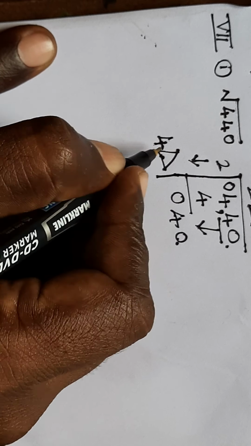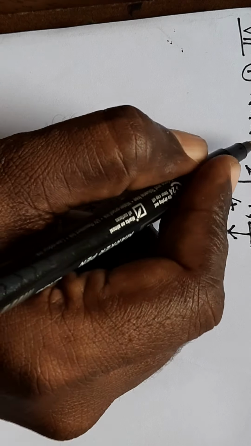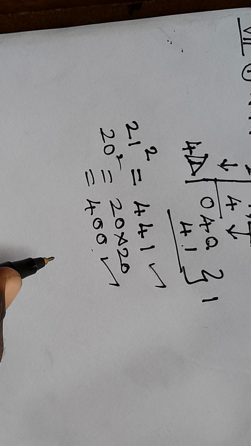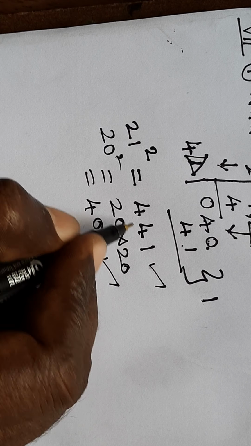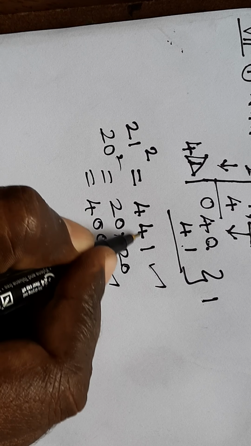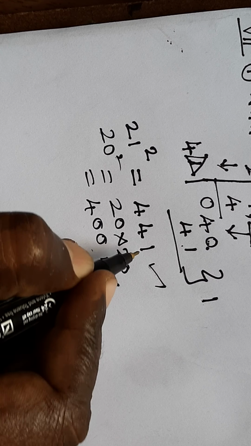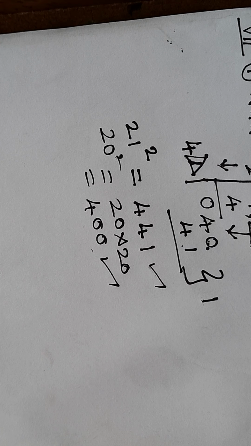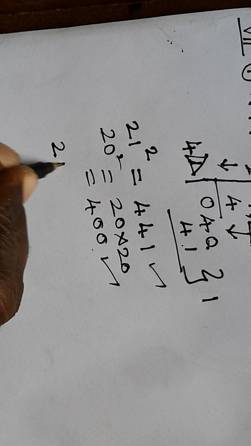What is 20 square? 20 square is 20 into 20, that is equal to 400. Which square number is nearer to 440? 441 or 400? Obviously 441 is nearer, closer to 440. So the answer is 21 square.